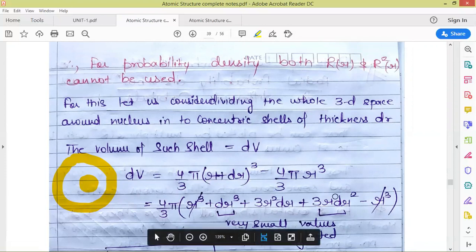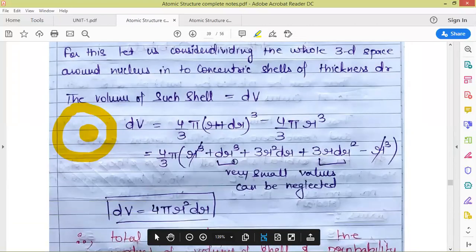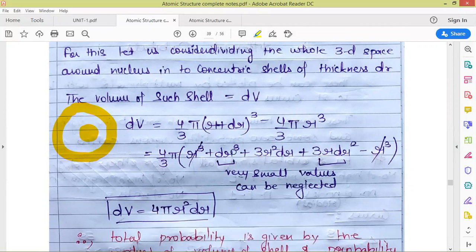cube. So when we solve this mathematical term, we'll neglect the terms where the square of dr and the cube of dr are there, because these are very small values and we can ignore them.